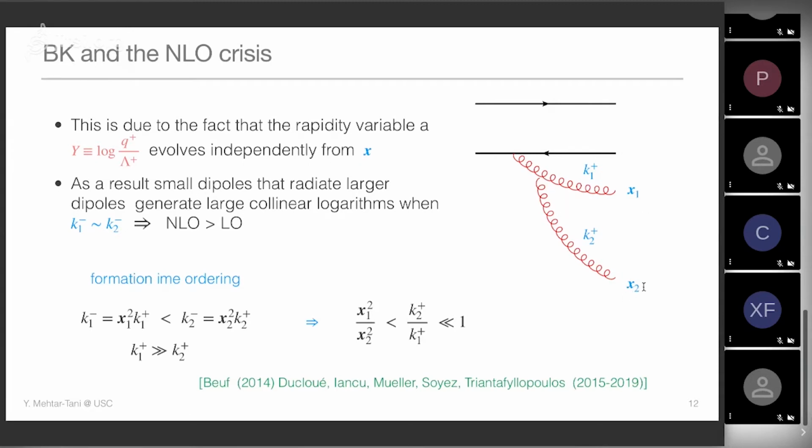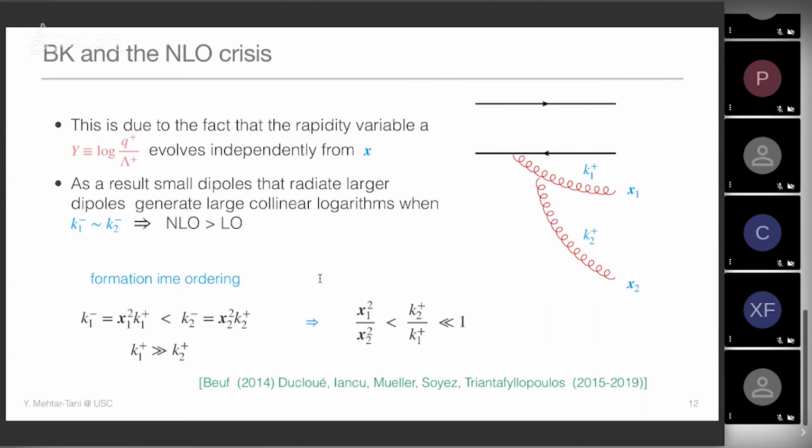So x1 is much larger than the transverse position x2, and this may lead to large collinear logarithms. This is somehow reminiscent of DGLAP evolution. When you have a k minus of the same order, you expect to see large collinear logs.